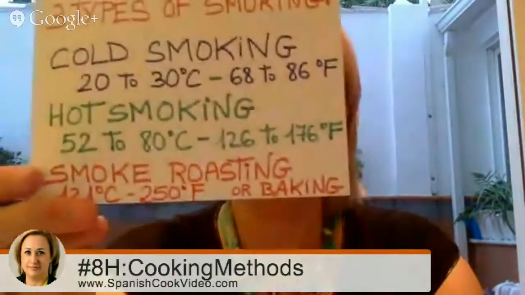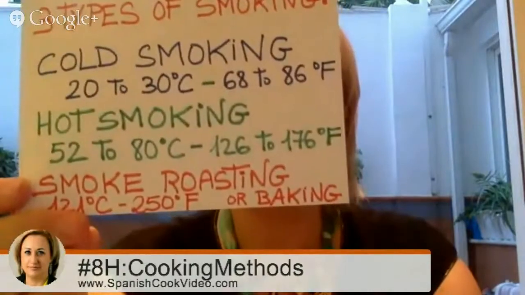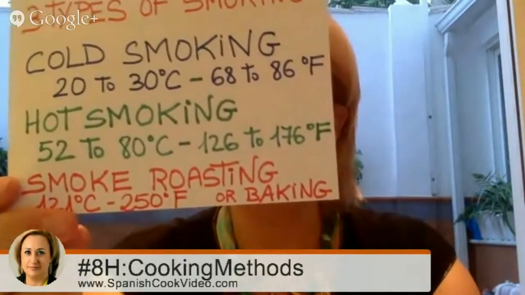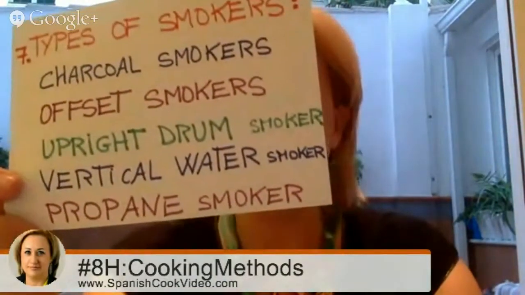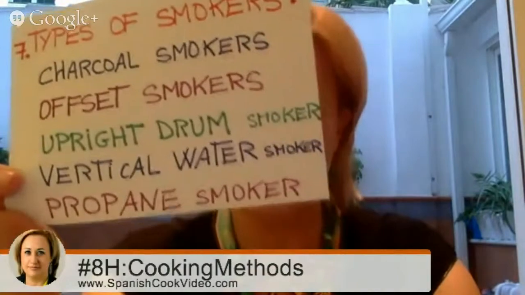There are also 3 types of smoking techniques: cold smoking, hot smoking, and smoke roasting or baking. And there are also about 3 types of smokers that we'll see in detail in the member area. For the last part, going deep into smoking, we will make a specific hangout, because it will require more explanation.